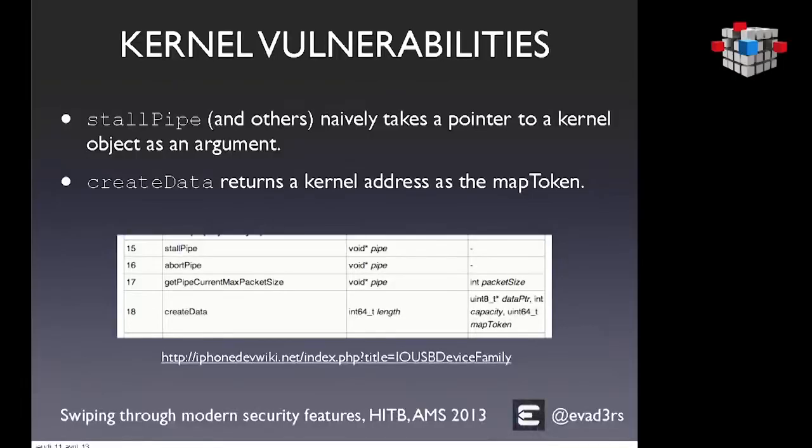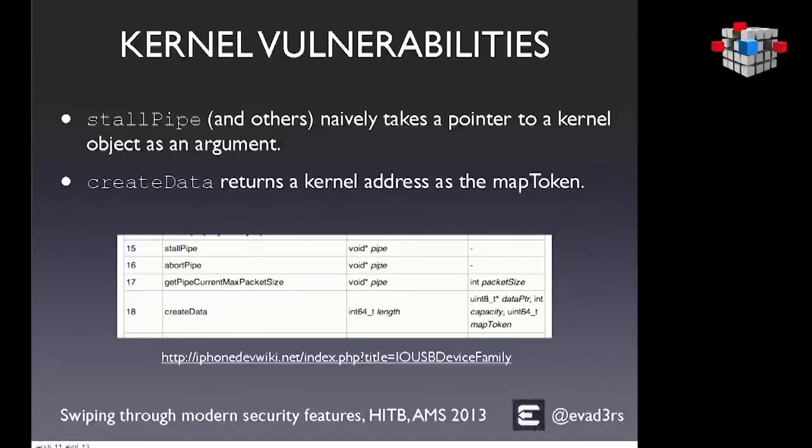The actual calls, the actual methods that were a problem, this is just a subset. There's 20 or 25 methods in this interface. But the ones that were a problem are stall pipe, which is numbered 15 in that list. And a few down is the create data.